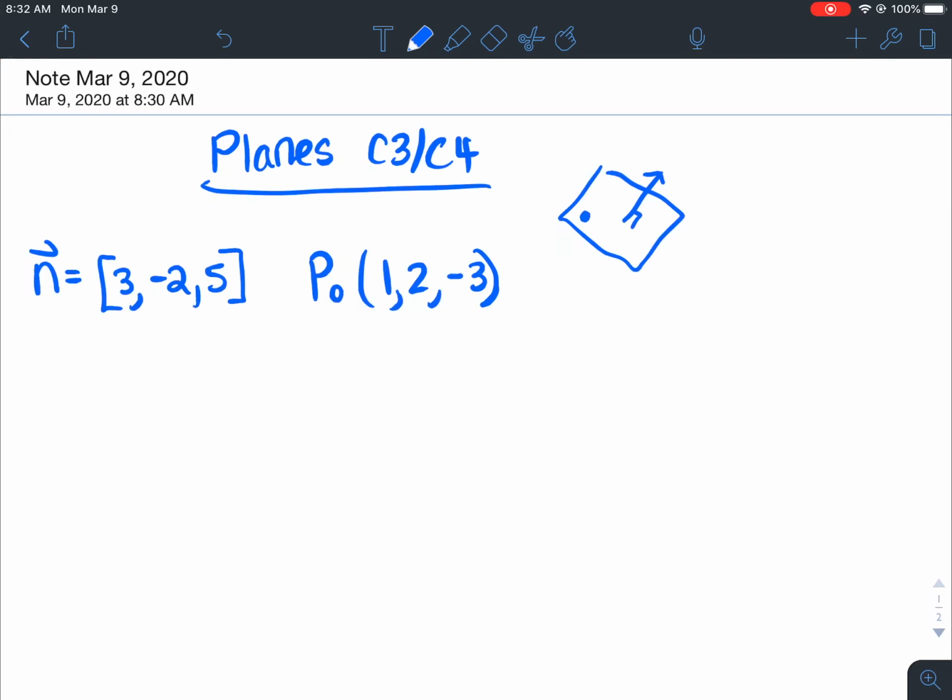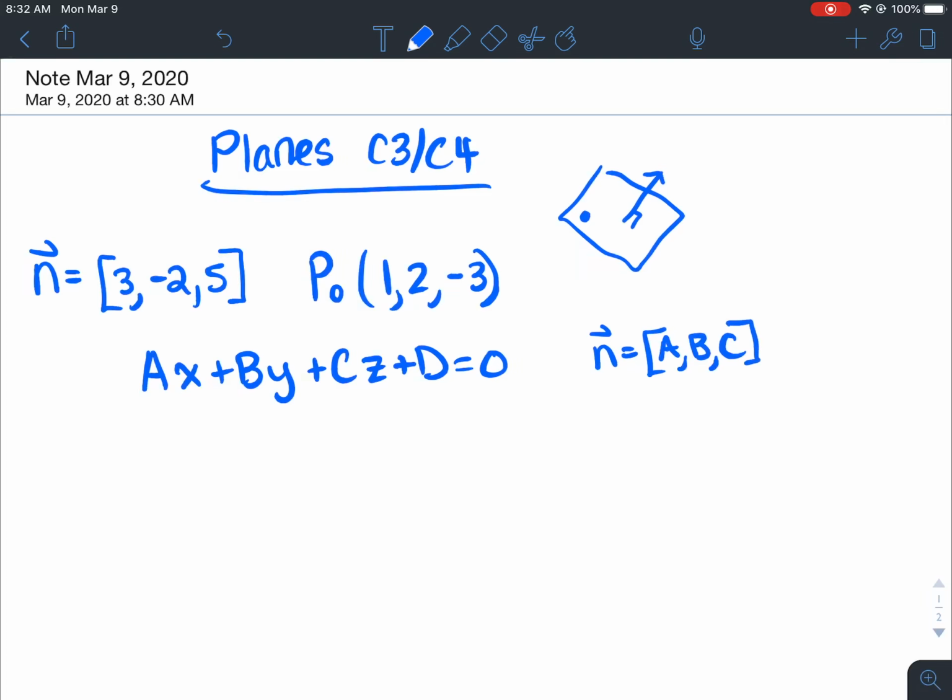So if we know that information, then we actually know that the scalar equation of a plane, say it's ax plus by plus cz plus d equals 0. We actually know that even from when we were talking about lines, the normal vector is actually a, b, c on our scalar equation.